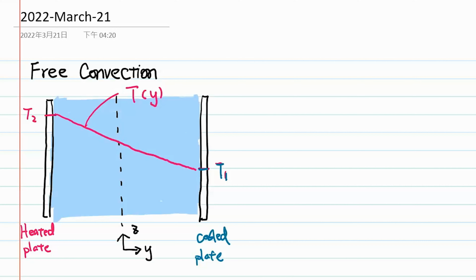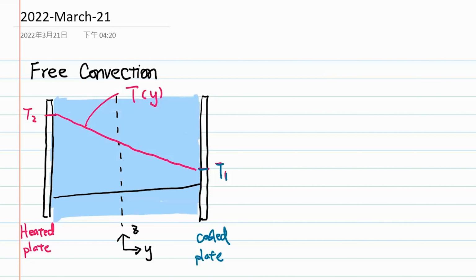So if a fluid is hotter in one place and cooler in the other, there is a chance that natural convection might occur. And this is exactly the problem: what happens if that difference in buoyancy drives a motion of fluid by free convection? That's what we're discussing at the moment.